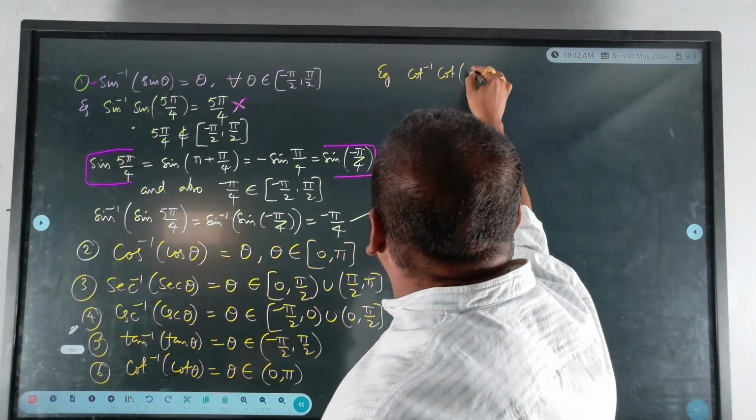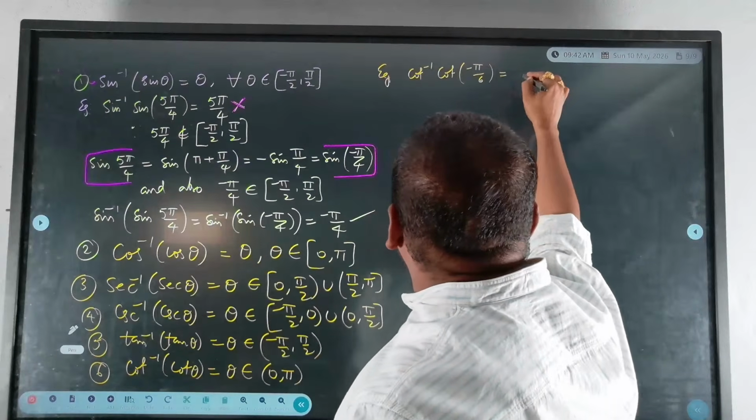For example, cot inverse cot minus pi by 6 is what?